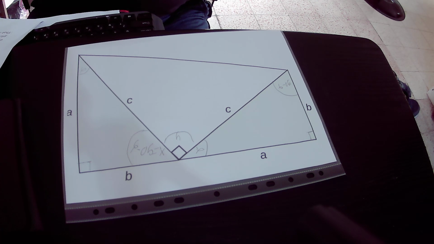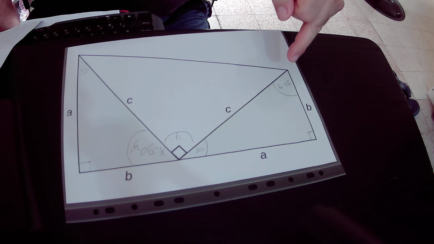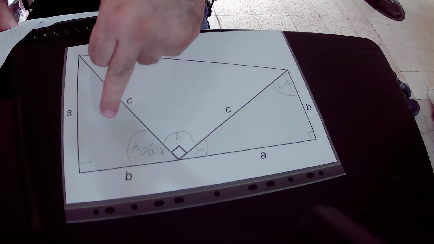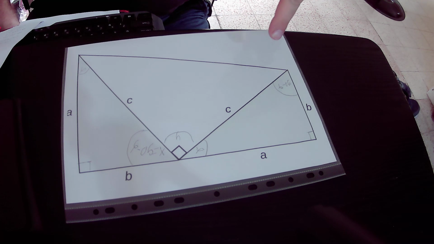So we calculated the area of the trapezoid in 2 ways. The first way is the sum of the parallel sides, a plus b, times the height of the trapezoid, a plus b, divided by 2.